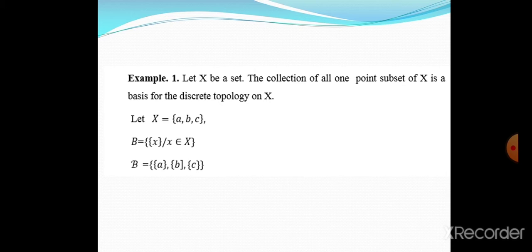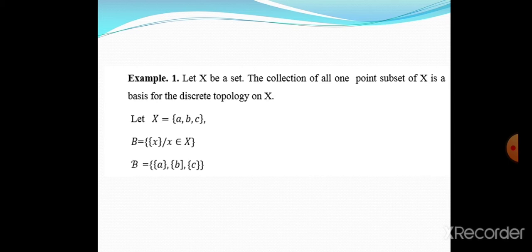Here, the basis equals singleton sets {x} such that small x belongs to capital X. So the basis is of the form singleton set {x}, where x belongs to capital X.